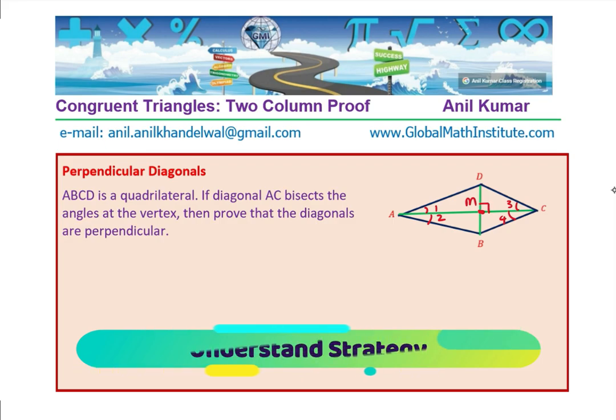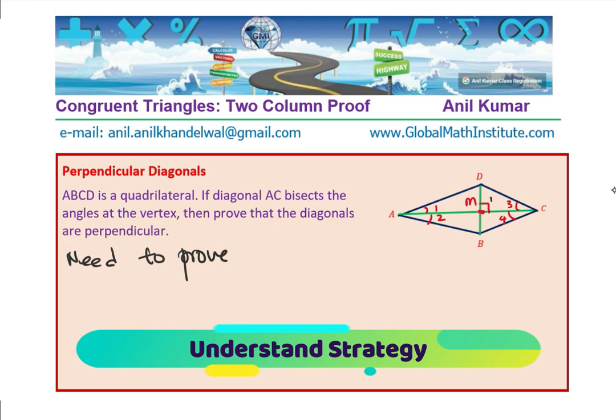So the idea is, when we are given that these two angles are equal, how do we begin? To understand the solution, let us look into what we need to prove. We need to prove that the angle at M is 90 degrees.